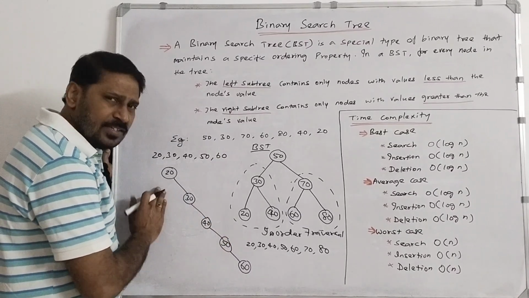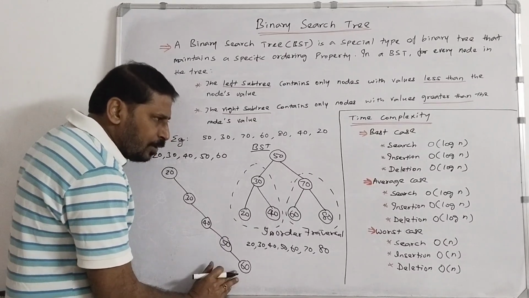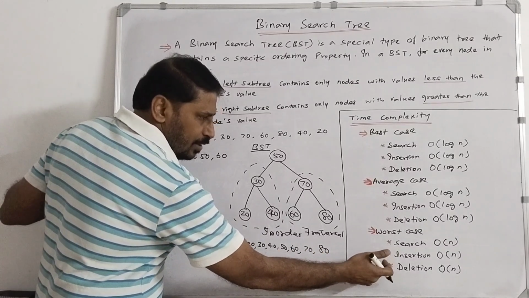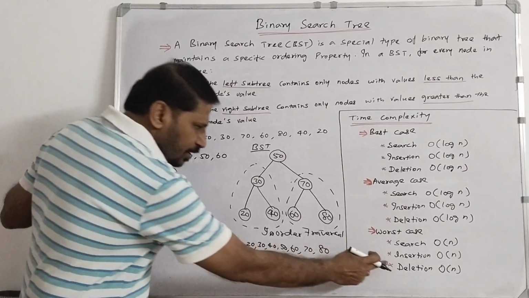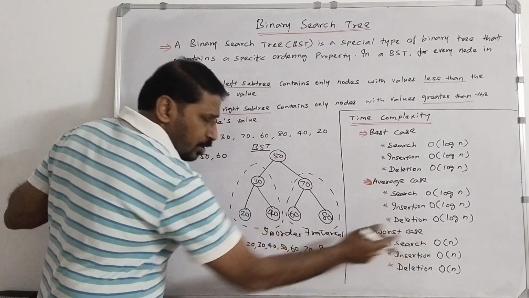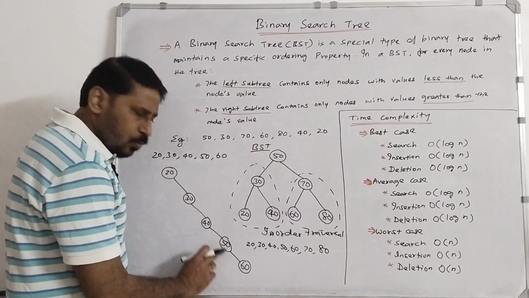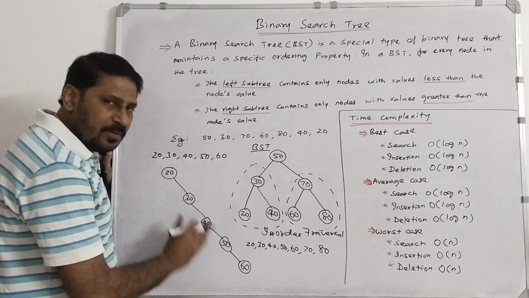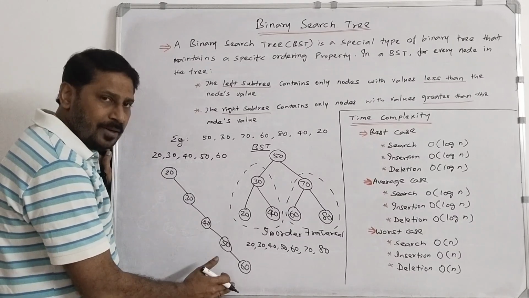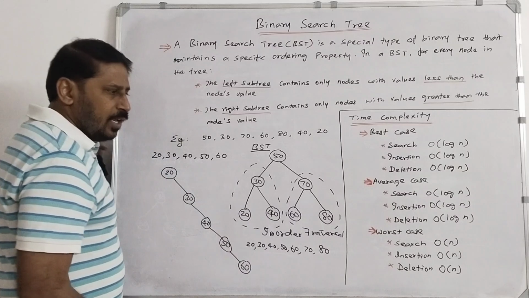We call it a skewed tree. Whenever it is a skewed tree, it comes under the worst case. In this scenario, to find any value we go for big O of n times, because we are searching in one branch only. There is no left branch here at any level. So in this case, it comes under the worst case.